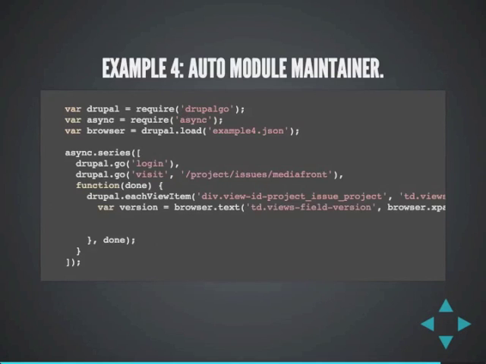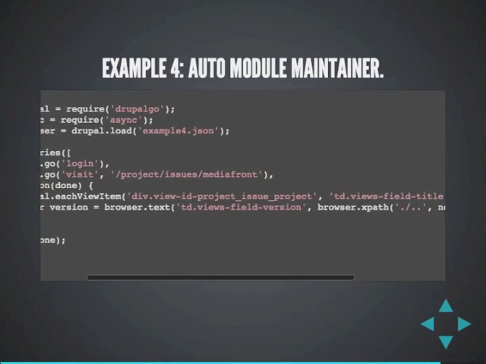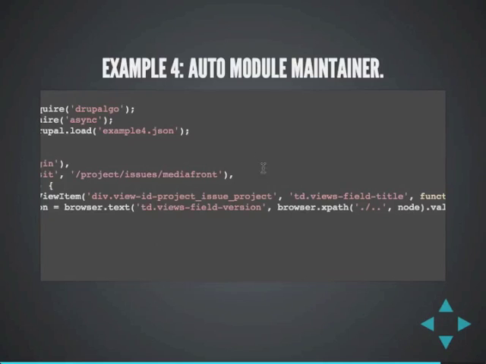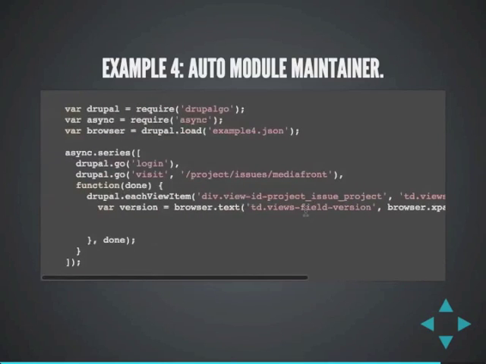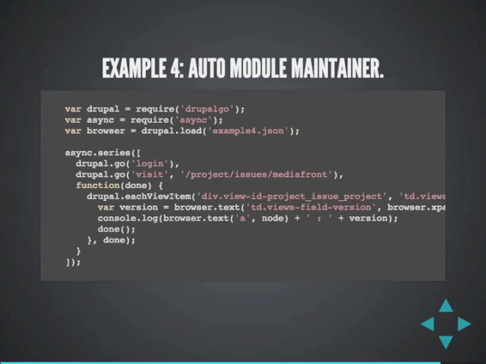So for each view item, I want to get the browser version. So this is using Sizzle selectors. The only problem is the XPath, because I wanted to find the version and then back up a little bit to get that node. So you can use XPath in Zombie. It's a little bit more complicated, but you can use it to traverse that DOM tree. And then I want to console log the version number, and then I'm done.